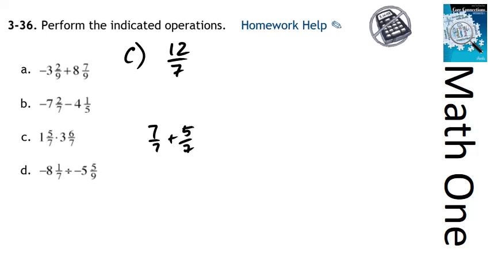You can see that's equal to 12/7. And then I'm going to multiply that by 3 6/7. Well, the shortcut there is 3 times 7 is 21, so that's 21 sevens. And 21 sevens plus 6 sevens is 27 sevens. Ugh. I don't like the look of that.